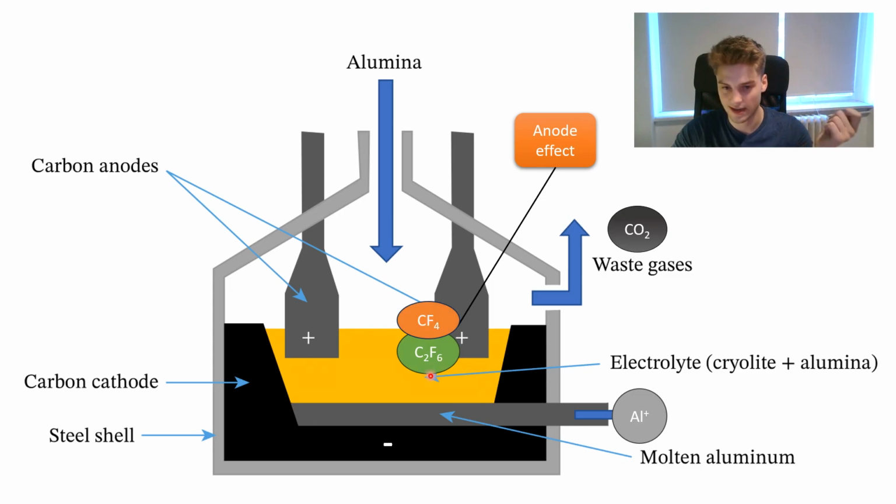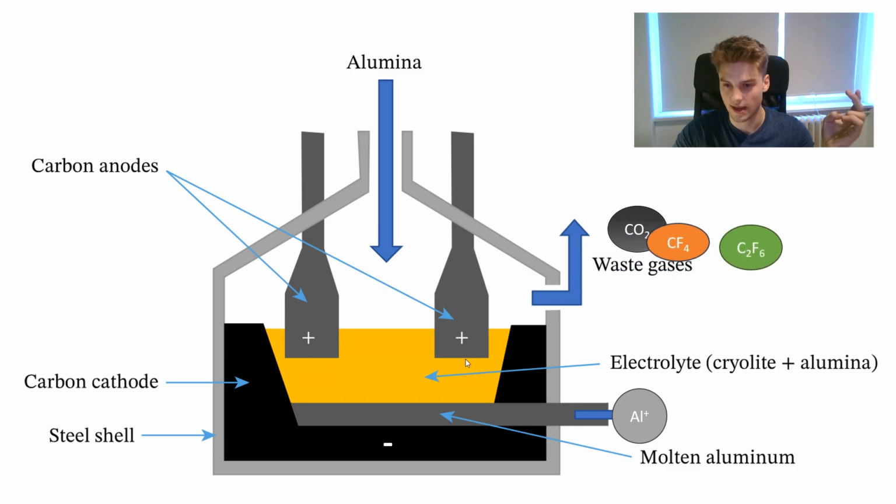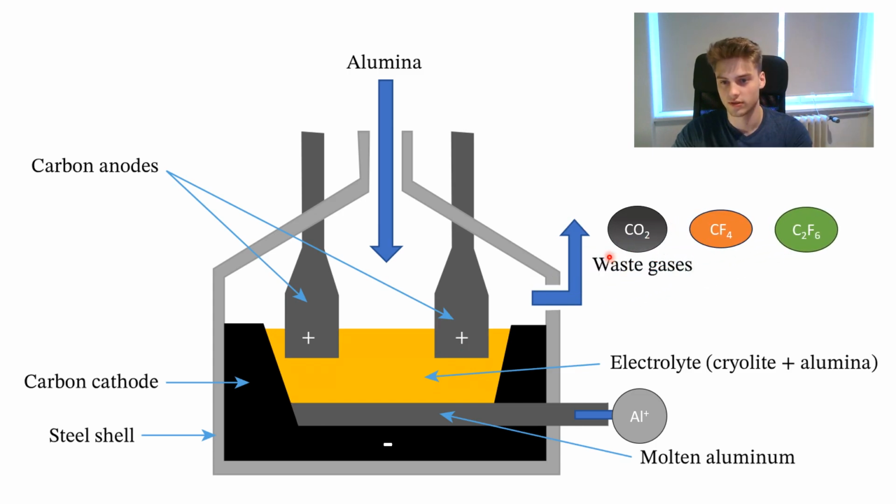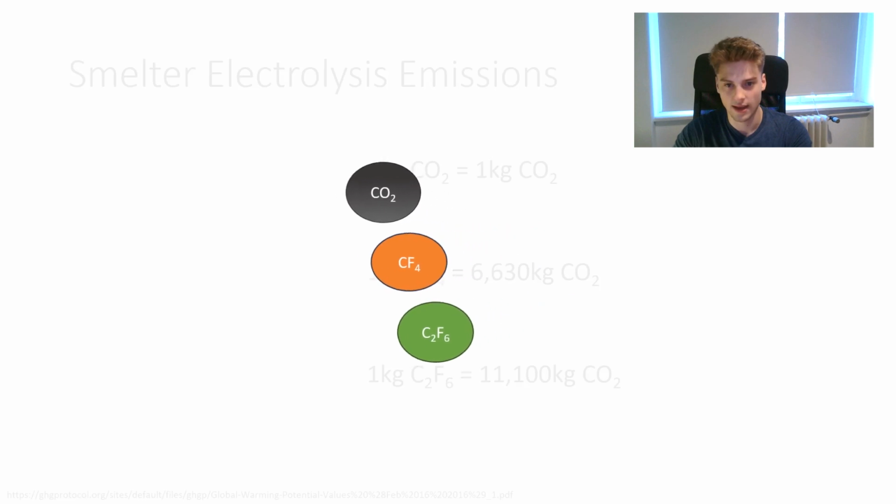So these are gases that have carbon and fluor, with CF4 or C2F6. And these gases also exit the cell as waste gases. These gases are only produced in a smaller amount during the production, because they only occur at these specific anode effects, but they matter. And why they matter I will show you on the next slide.